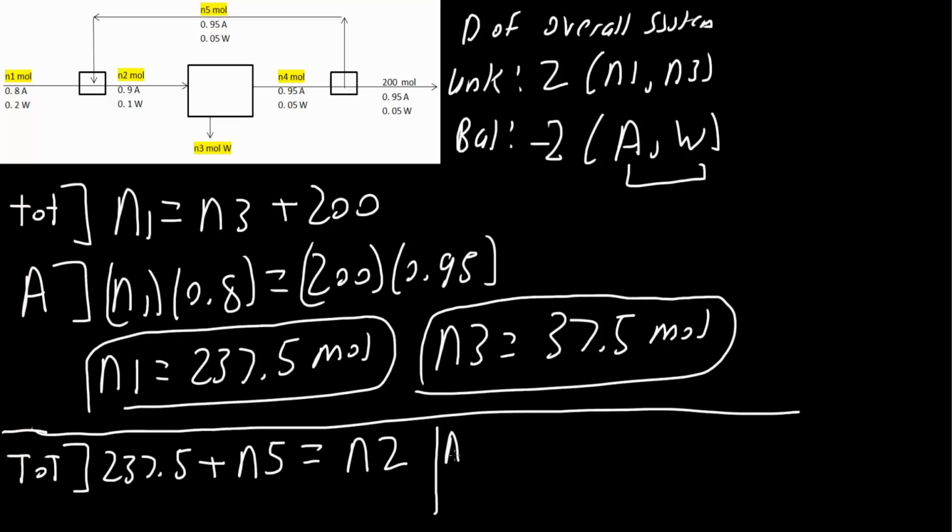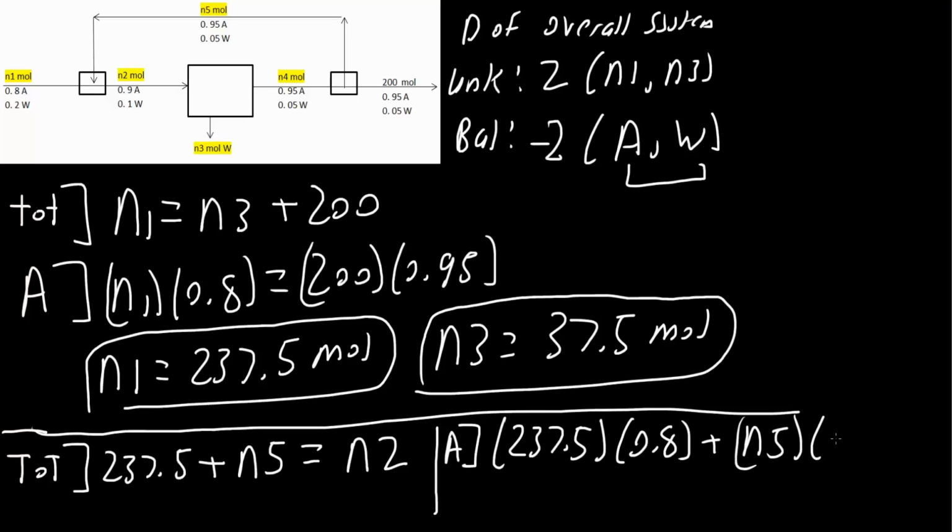That would be 237.5 times 0.8, this right here, plus N5 times 0.95, and this is going to equal our output. Output is going to be N2 times 0.9. So we have two unknowns, N2 and N5.